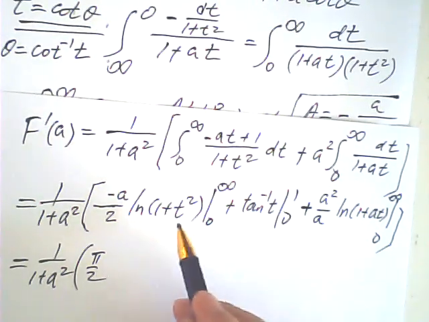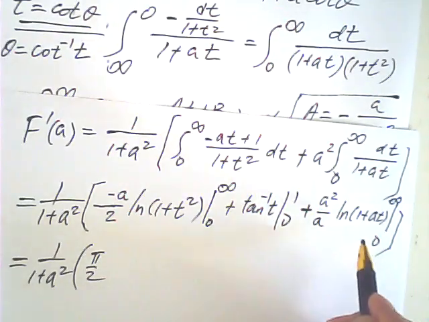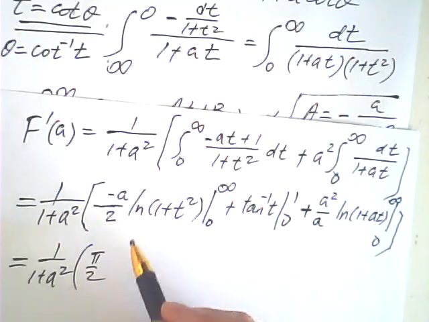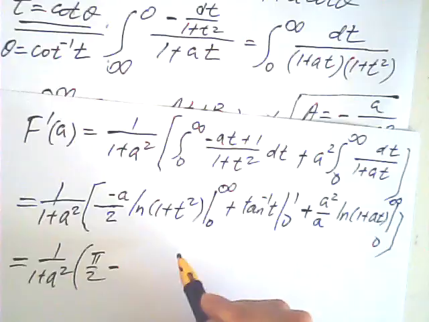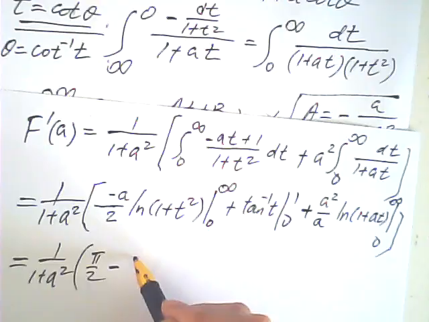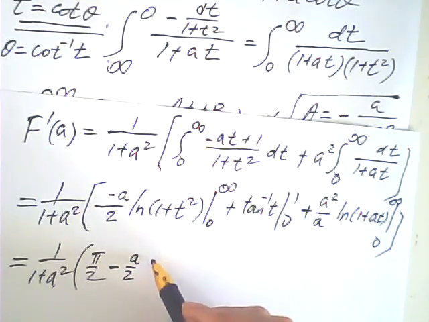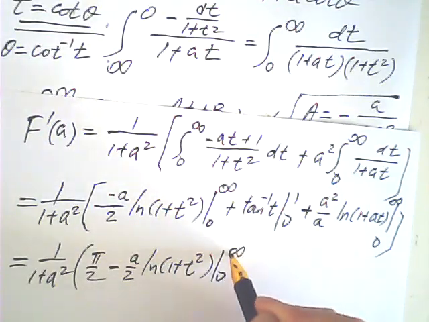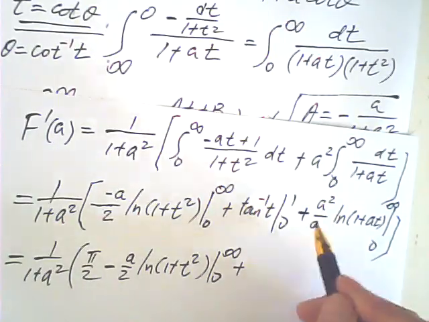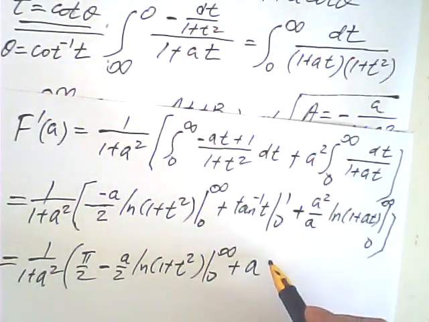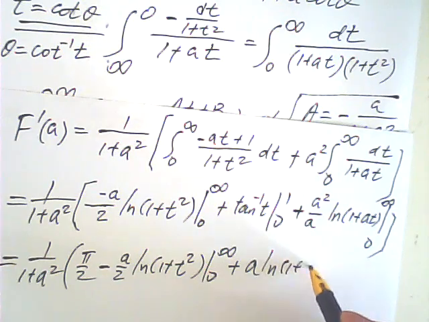Then these two combined, this and that one, I put them together because this one is equal to negative a over 2 log of 1 plus t squared from this one, and that one is a times natural log of 1 plus a t.